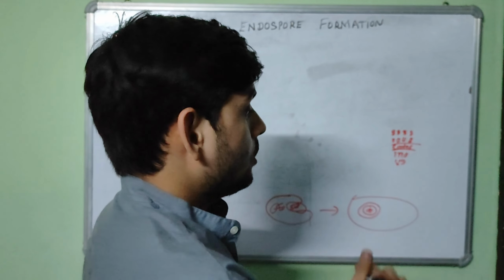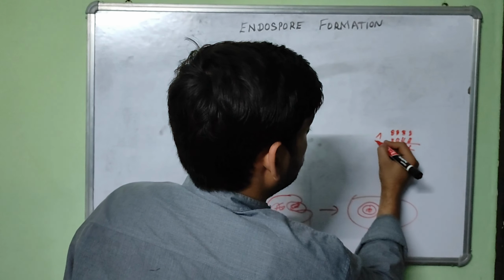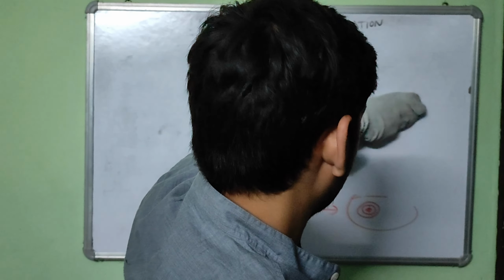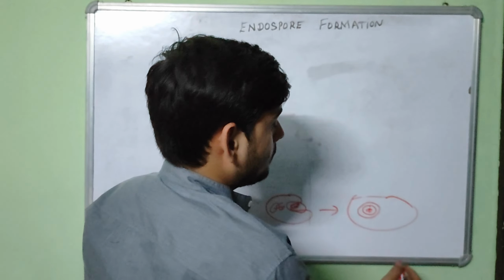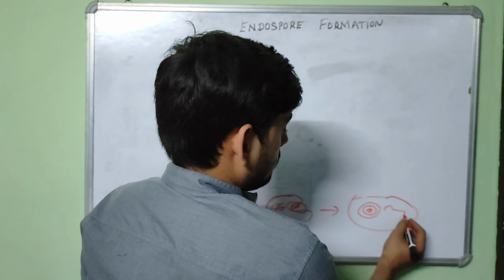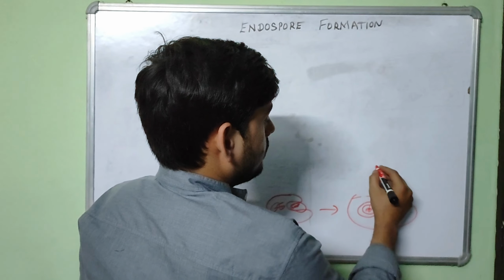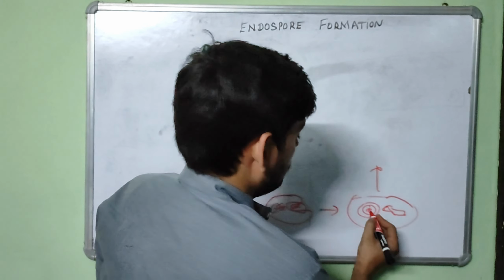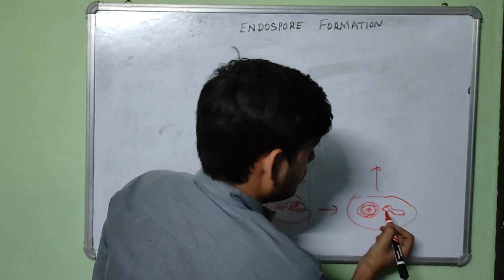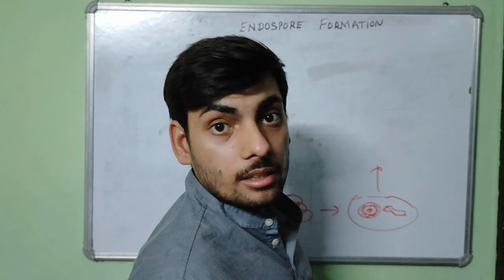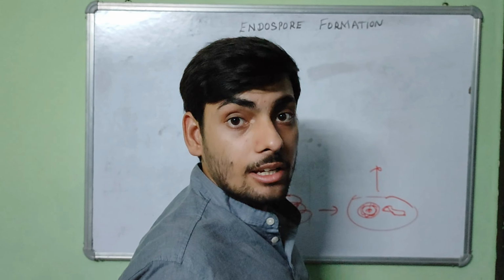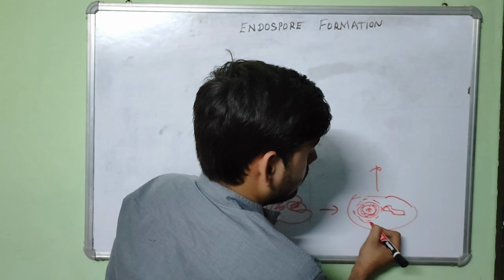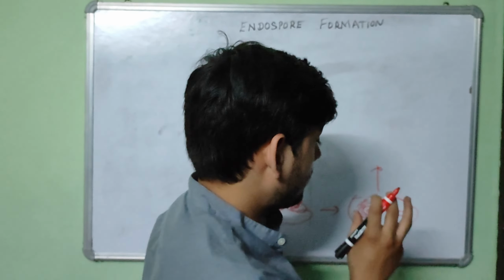This cortex layer forms between the already existing first and second layers of peptidoglycan. After these layers are formed, including the cortex, several other layers are going to cover this particular endospore inside the whole cell.